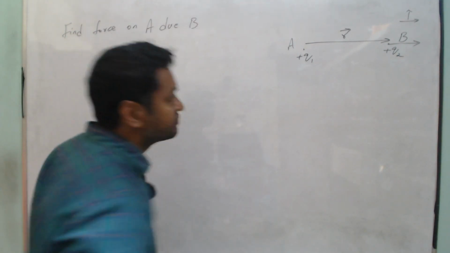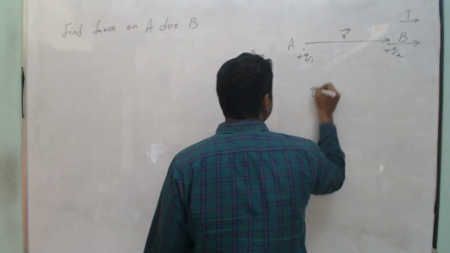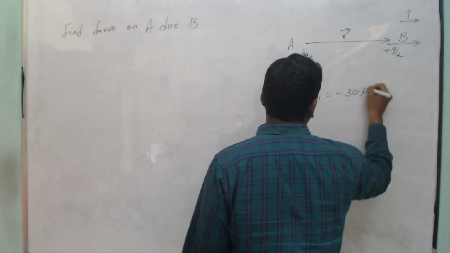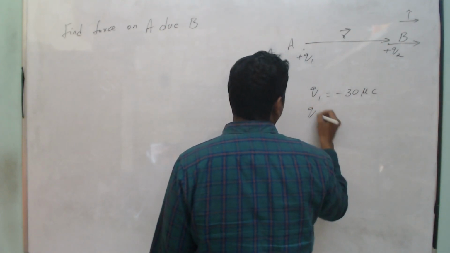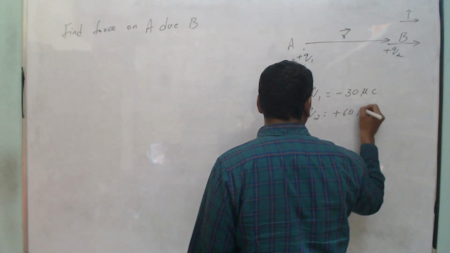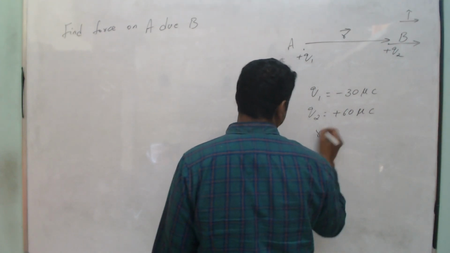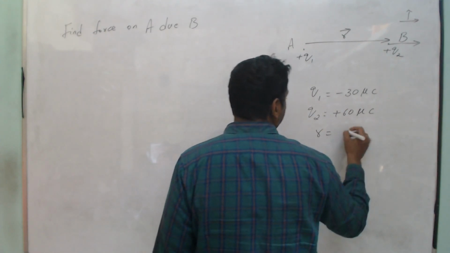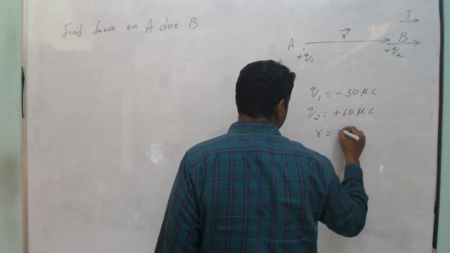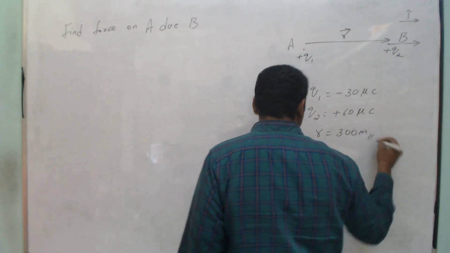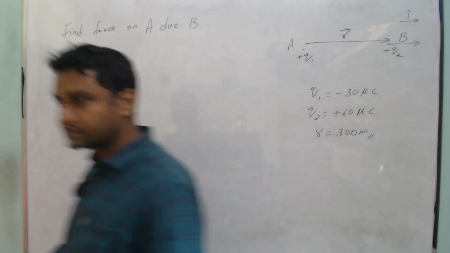I'll just give you the values. Q1 is equal to minus 30 microcoulomb. Q2 is equal to plus 60 microcoulomb. And the magnitude of the distance between them, take it as 300 meters.